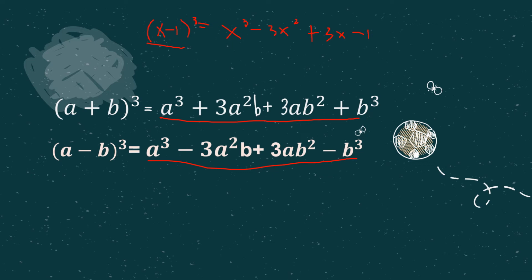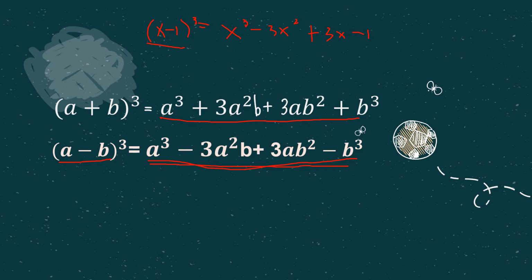So dito sa case natin na to, nakasulat siya in a form quantity of a minus b cube. So ang gagamitin natin ay ito. Okay? So dahil a minus b siya, ang gagamitin natin ay a minus b cube. So pagka siya ay plus, ang gagamitin natin ay itong isang to.